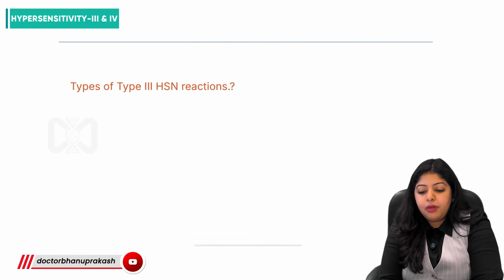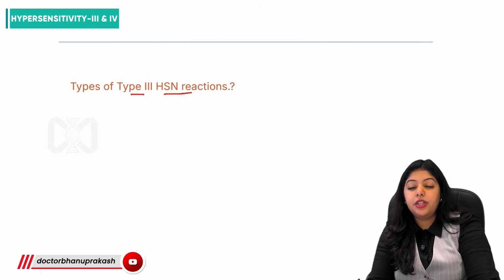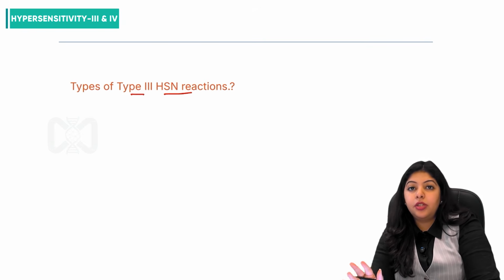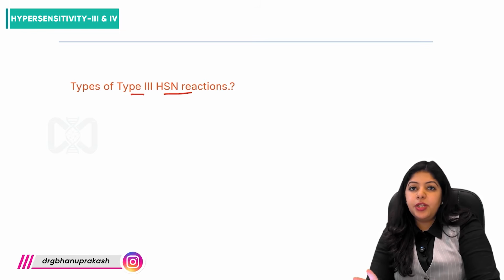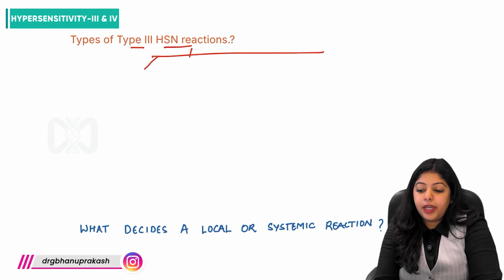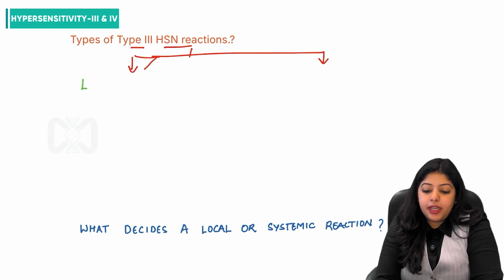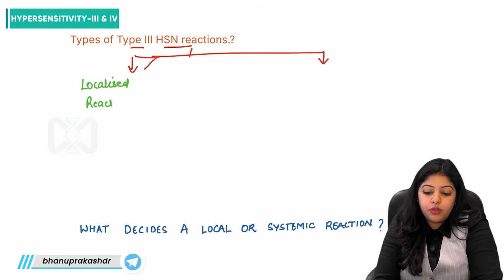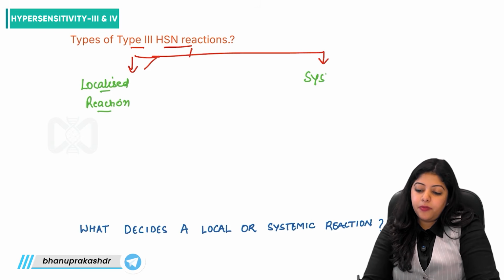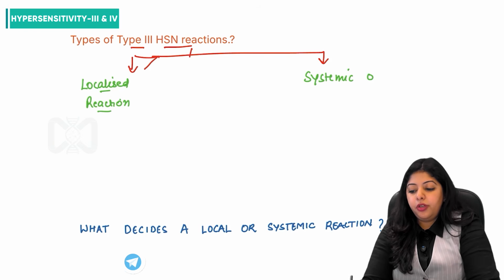So now we must know for type 3 hypersensitivity reaction that there are two types of reactions occurring. It is immune complex mediated, we are well aware of, right? So what are these two types of type 3 hypersensitivity reaction? These can be localized reactions, or these can be systemic or generalized reactions.